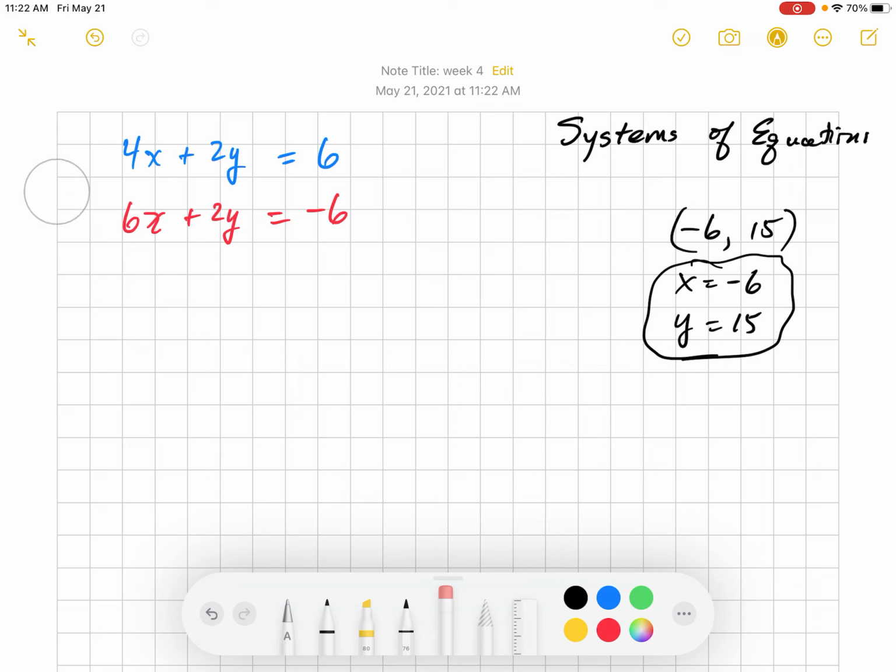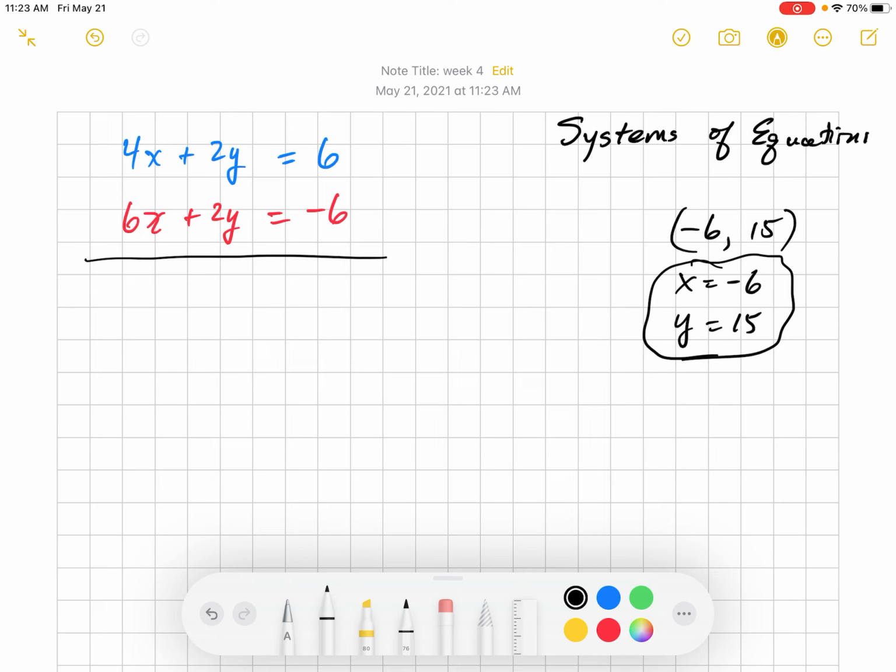We're going to combine and add these two equations together such that we can make one of the variables go completely away, to 0, and then we only have one variable that we can easily solve for. And then once we have that, we can plug back into the original equation. So let's see how that works.